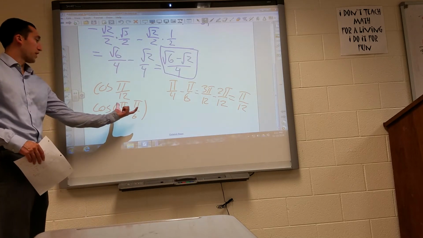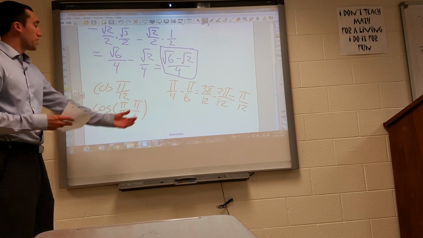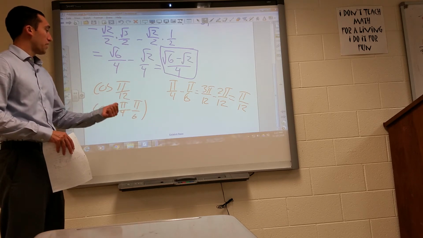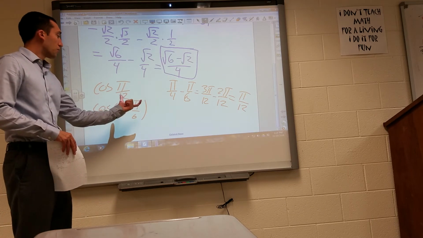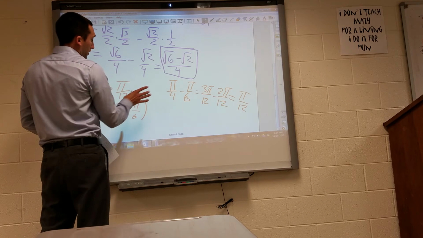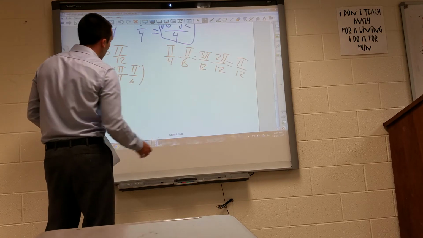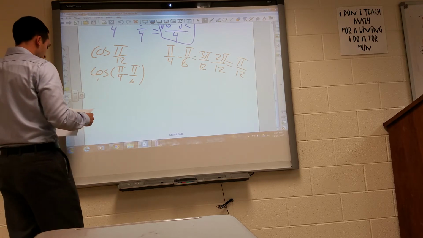So we have cosine of pi over 4, cosine of pi over 6, which we know those values. So you have to manipulate cosine of pi over 6, cosine of pi over 4, or cosine of pi over 3 to get to the value that you want. So here I manipulated these two values to get to pi over 12, and then I go ahead and use the cosine formula again.